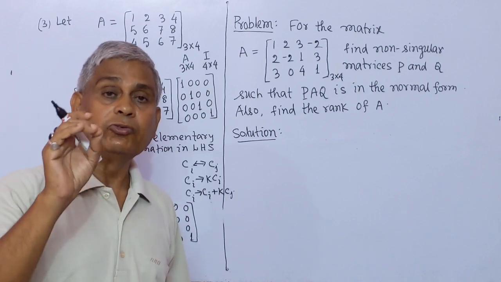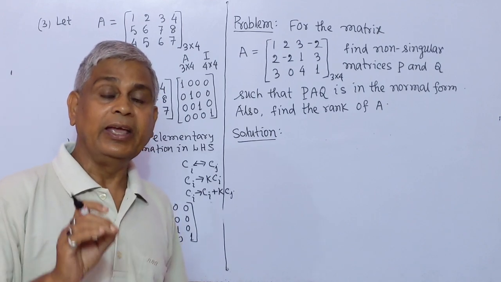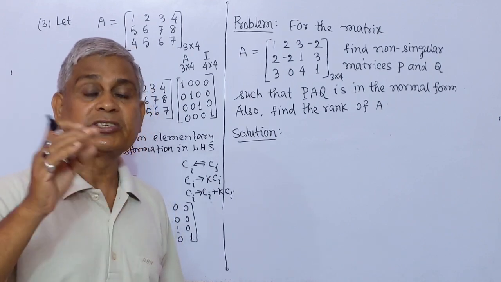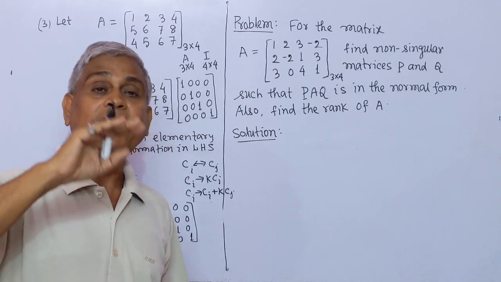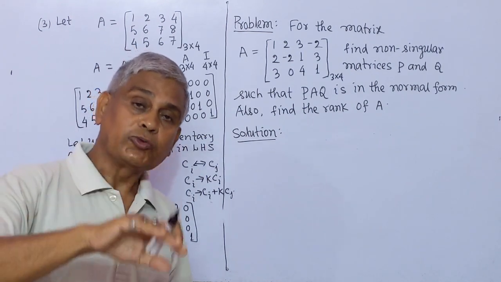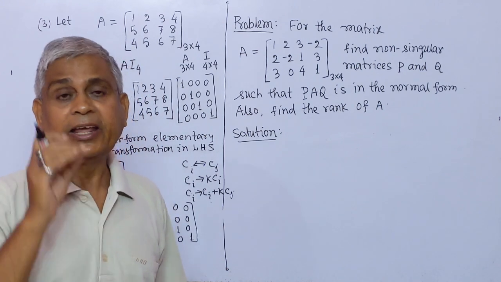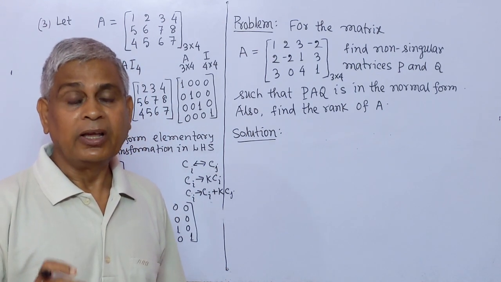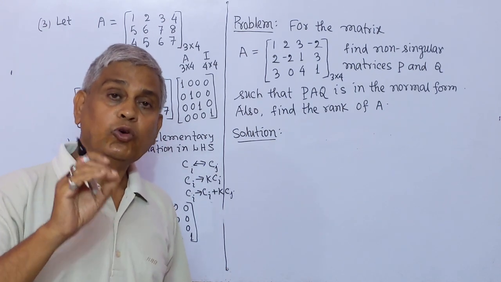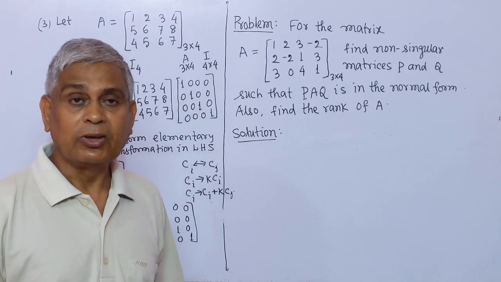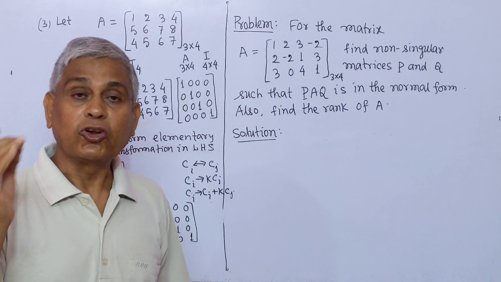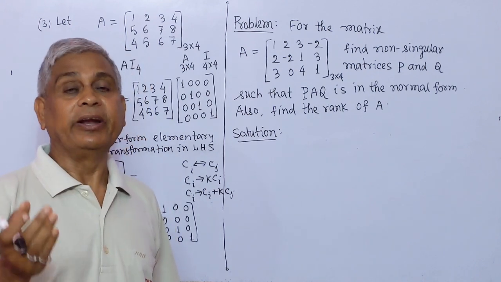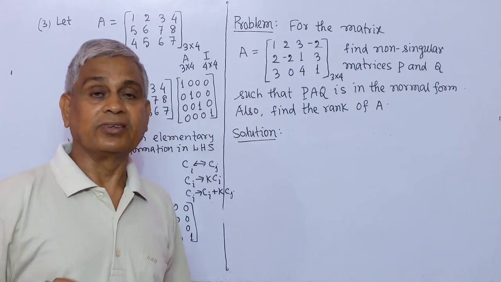So if we wish to perform any elementary row transformation on a matrix, we pre-multiply by the corresponding elementary matrix. And if we perform an elementary column transformation on a matrix, we post-multiply that matrix by the corresponding elementary matrix.